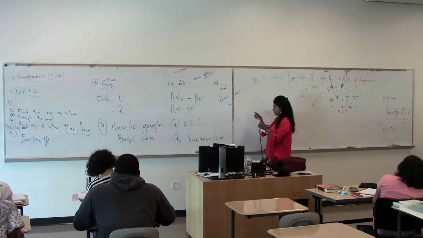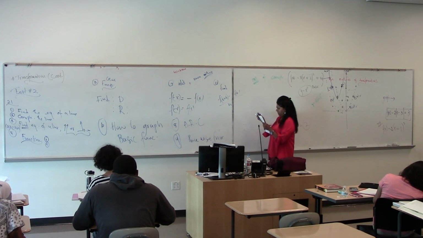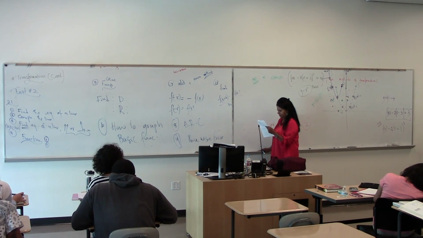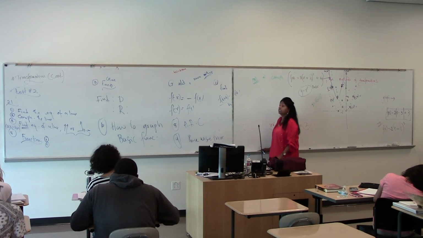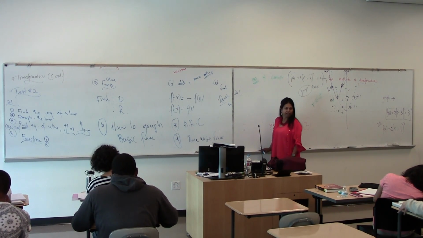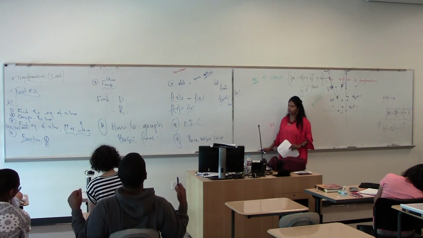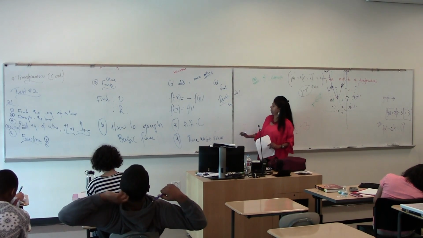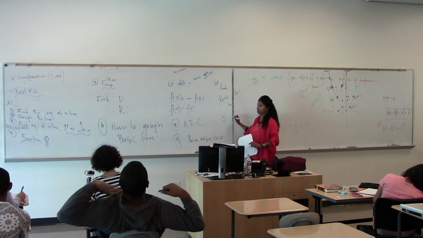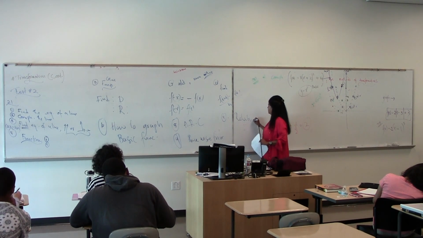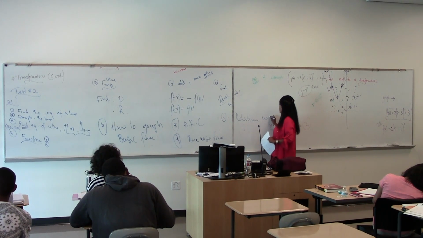Increasing, decreasing, and constant functions. Relative maximum and minimum, perfect. That's so easy, right? So find relative max and relative min, number 11.